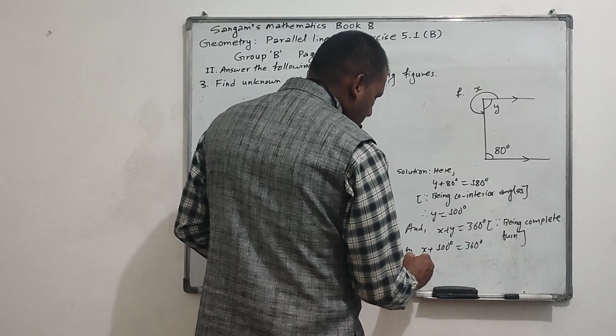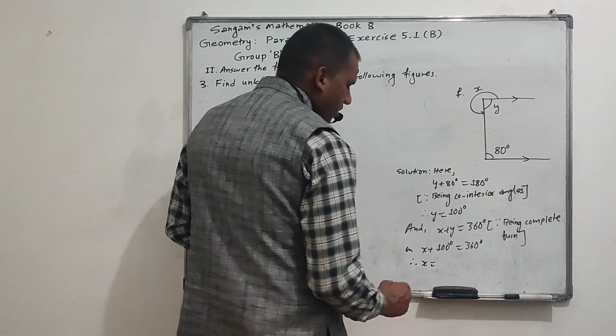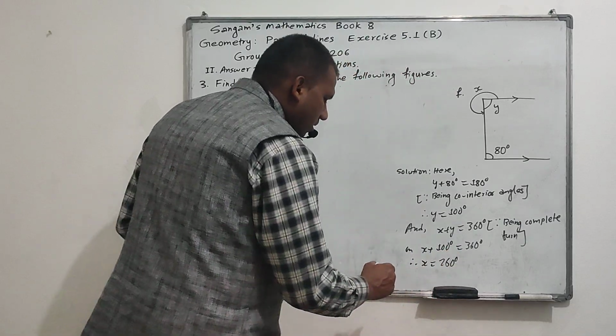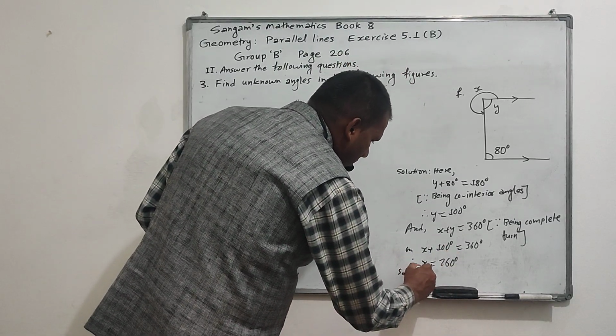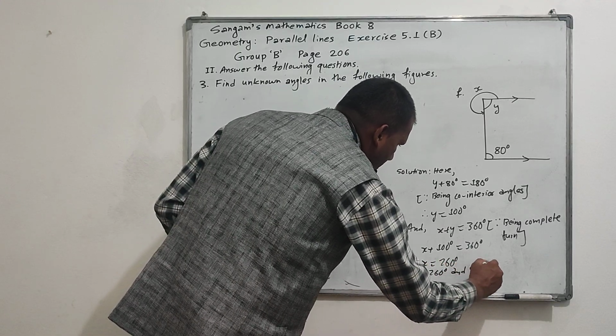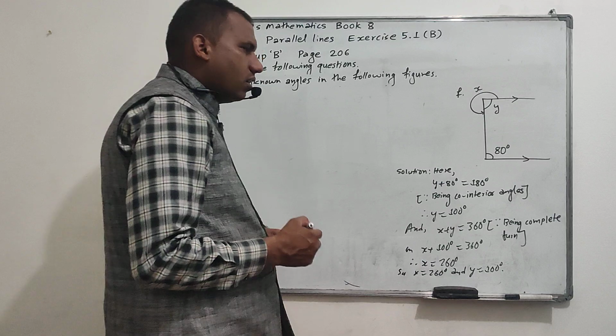Therefore, x equal to 360 minus 100, 260 degree. So x equal to 260 degree and y equal to 100 degree. This is the answer.